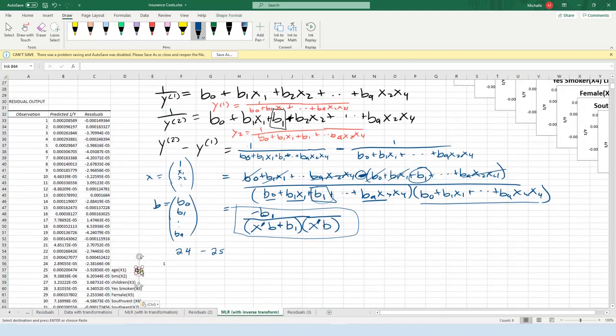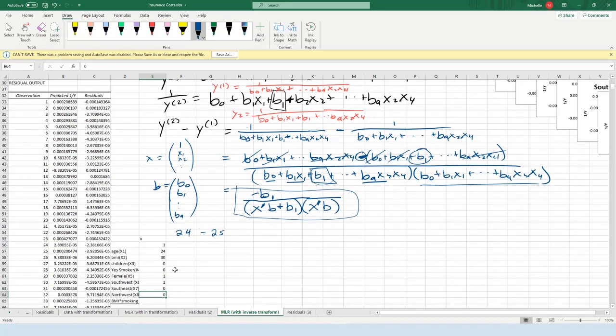Intercept. Okay, so their age, I'm going to start it at 24. BMI, say is 30, say they have no children, say they don't smoke, that they are female, that they're from the Southwest, sure, so everything else is 0.